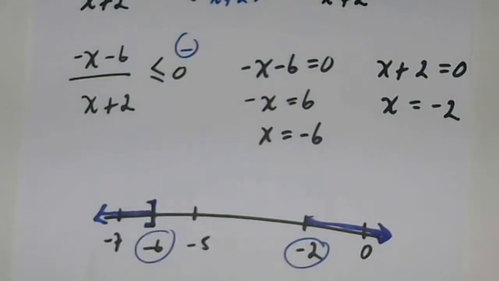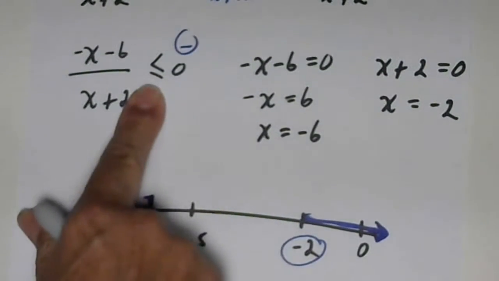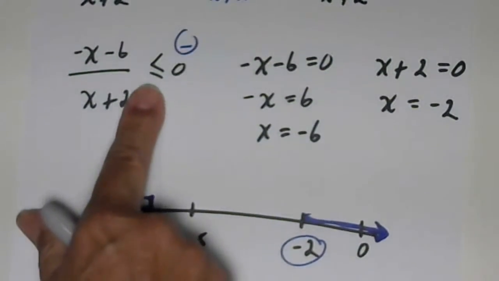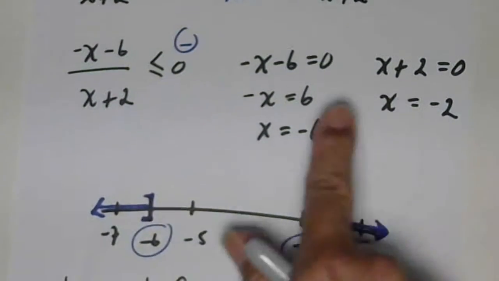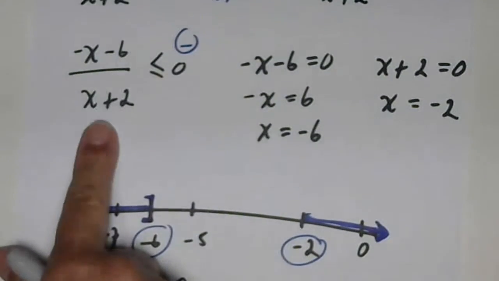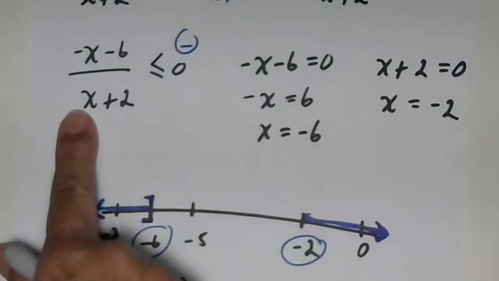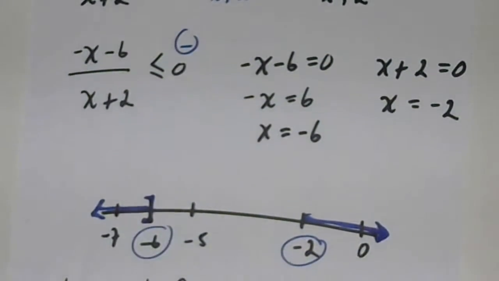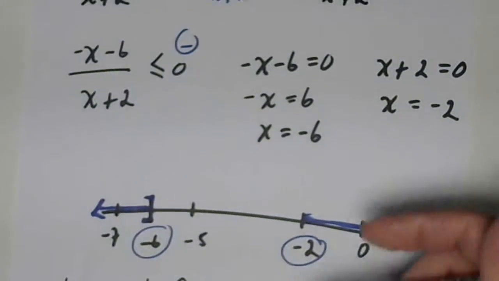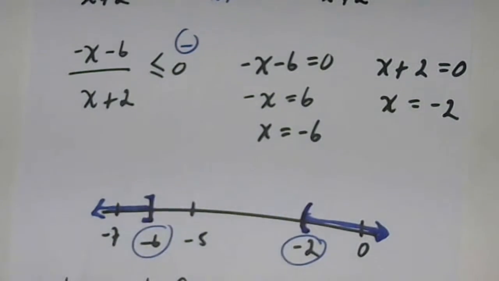Now, we have to keep our focus here because even though the inequality symbol does say bracket, the boundary point of -2 is from the denominator, so we are not going to be able to include it because a -2 in the denominator, -2 plus 2, gives us a 0 in the denominator. Undefined, huge no-no in math. So the boundary point of -2 is going to be a parenthesis because the -2 can't be included.